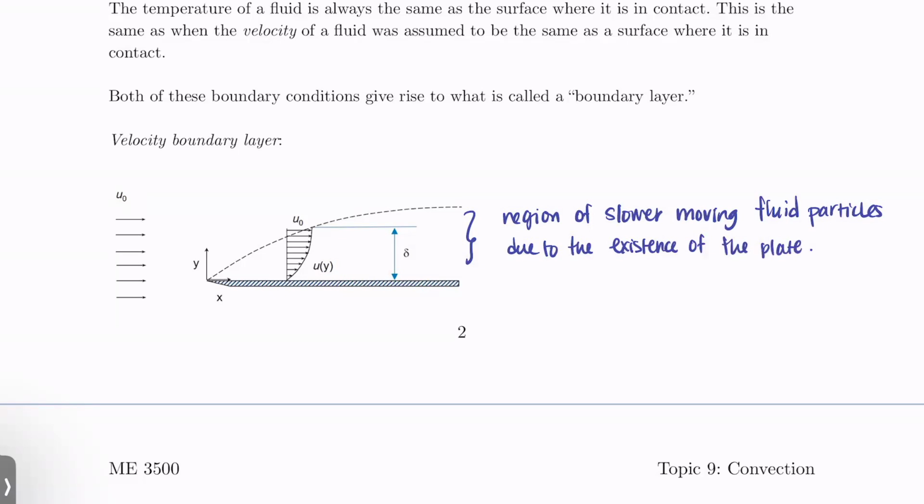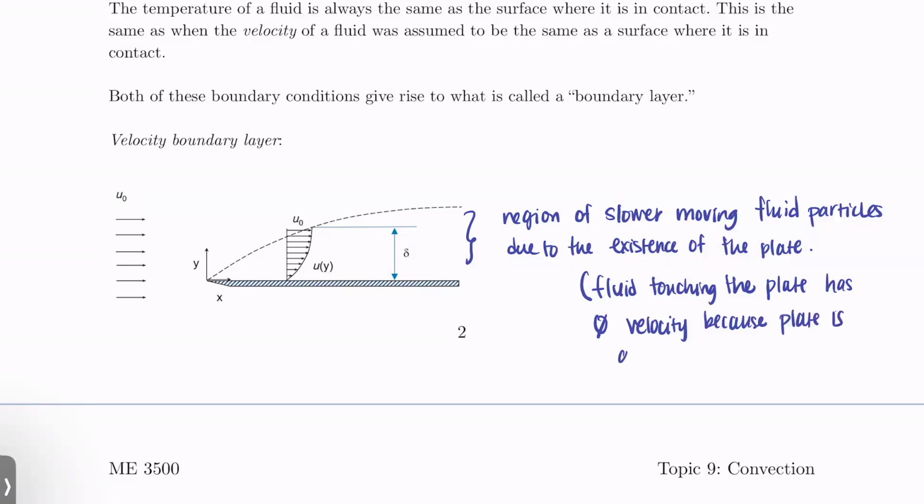All right, so if you remember, the fluid touching the plate has zero velocity because the plate is at rest. And particles are going to slow down the other particles that are next to them as they're touching.